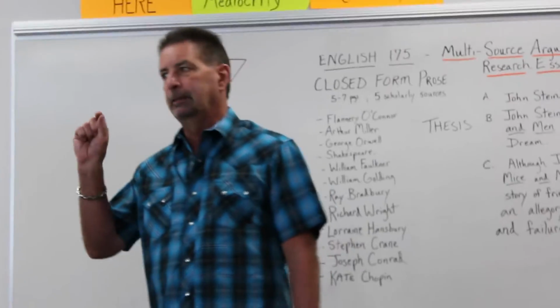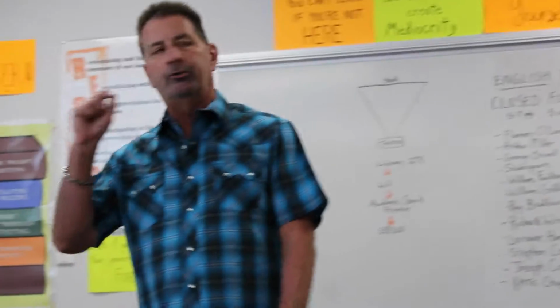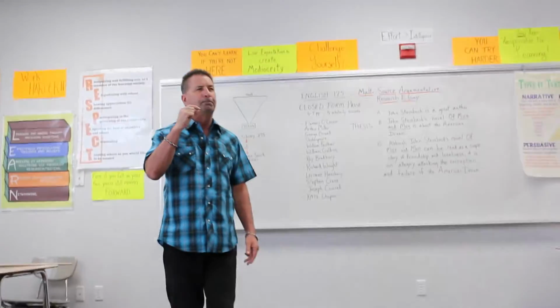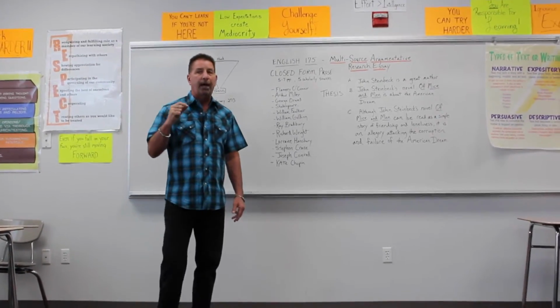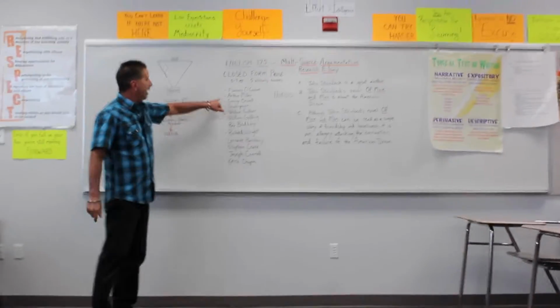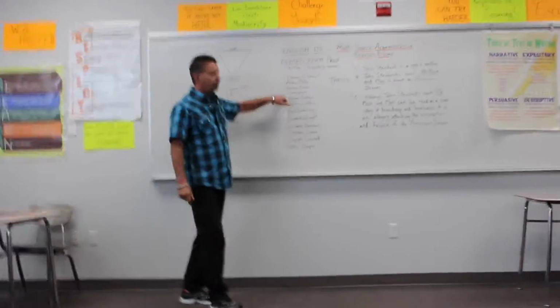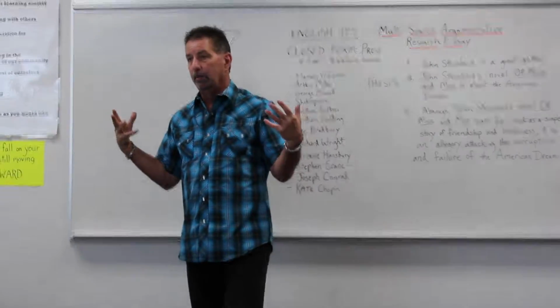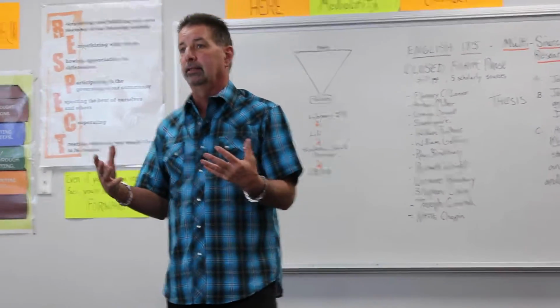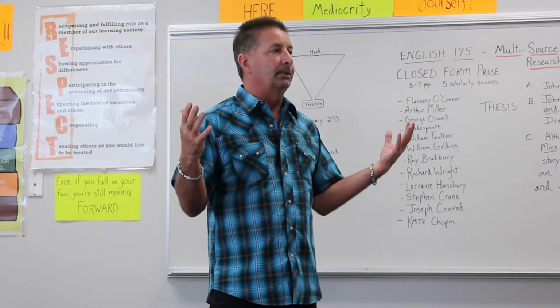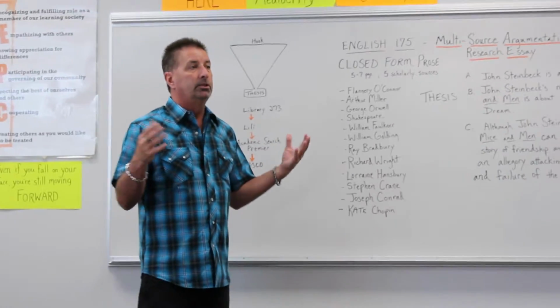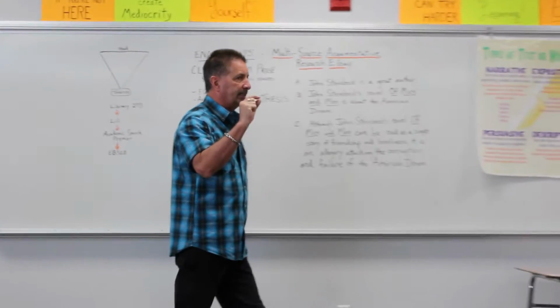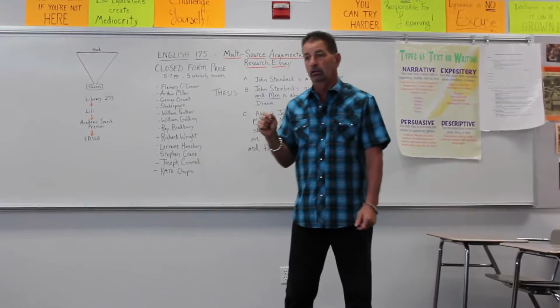So you're going to pick a specific work, and you're going to try to narrow it down to one specific idea about that work. For example, if you're writing about Hamlet, there are hundreds of thousands of pieces of writing about Hamlet. And there's no way you could encompass it all in 5 to 7 pages.